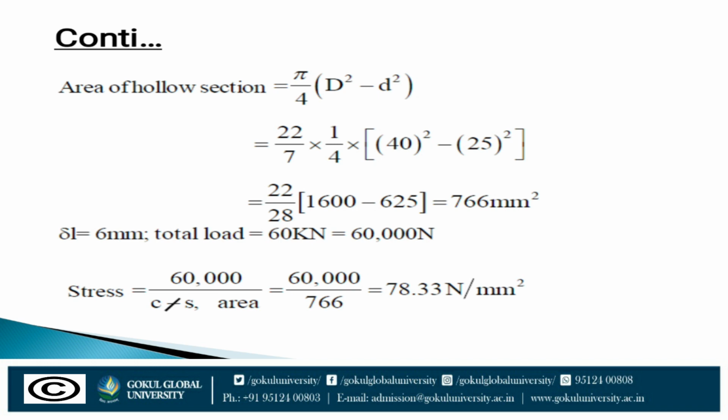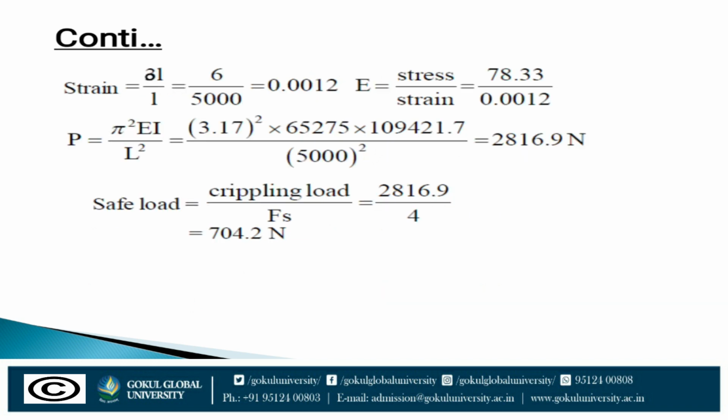For the hollow section, area is pi by 4 external diameter raised to square minus internal diameter raised to square. After finding the area, we go to find the stress. We know the equation for stress, force divided by cross section area. We have the force, it is 60 kN. Then strain is change in length divided by L. Then we can identify E, stress divided by strain. So we got the E.